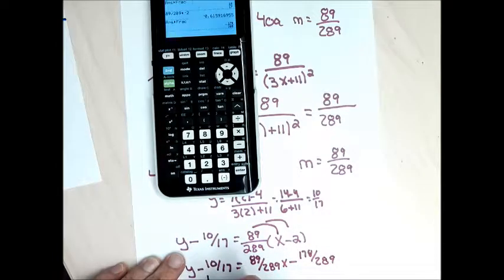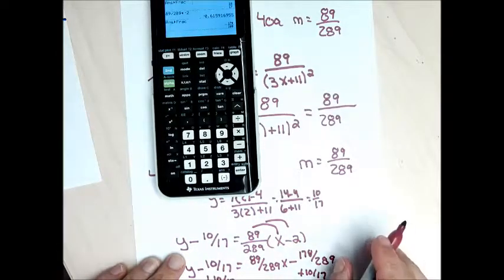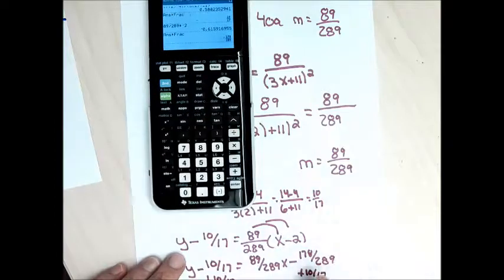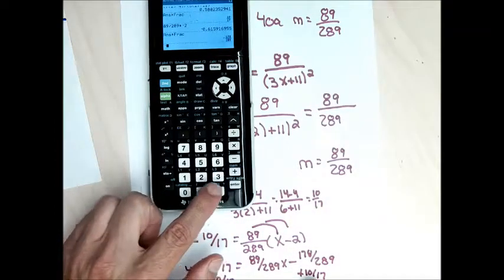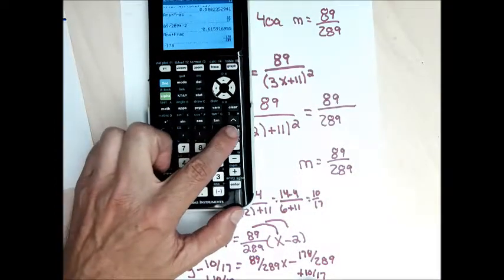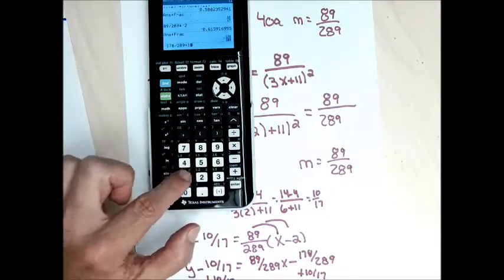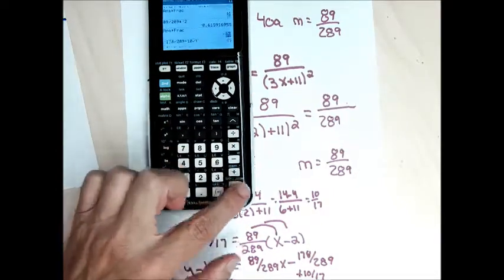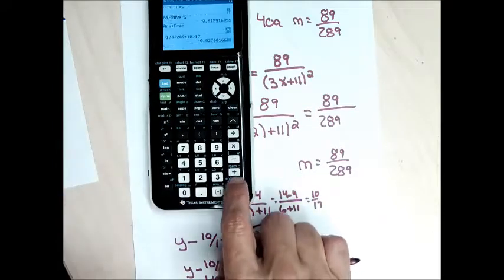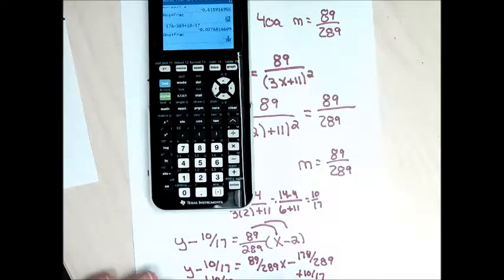Now I'm going to add 10 over 17 to both sides. Don't care to do that by hand. So on the right hand side, I'm going to go minus 178 over 289 plus 10 divided by 17. Math, enter, enter. That gives me minus 8 over 289.